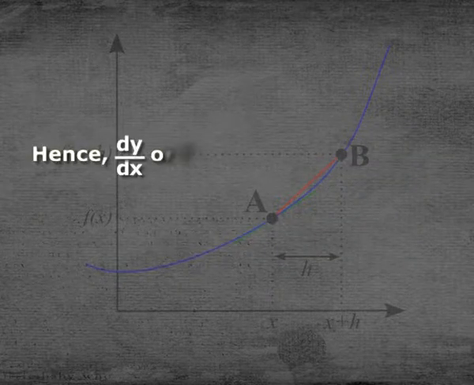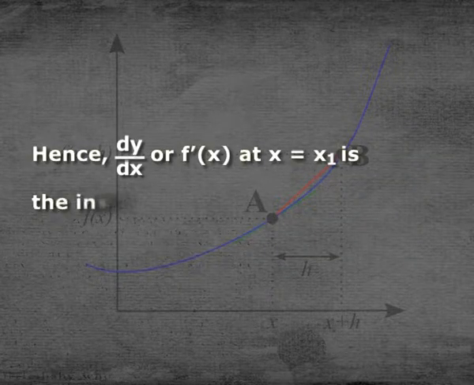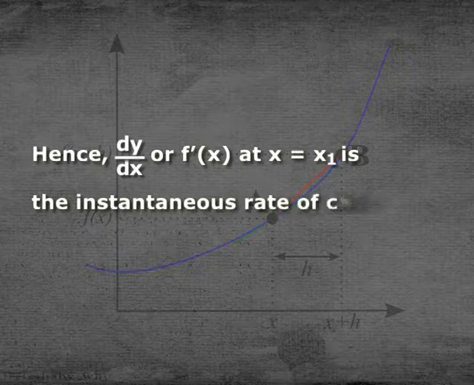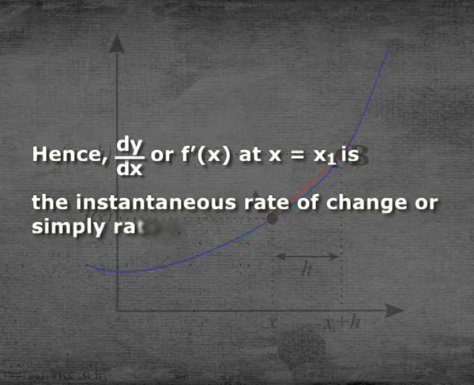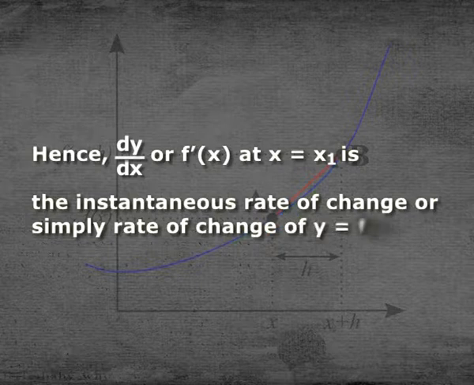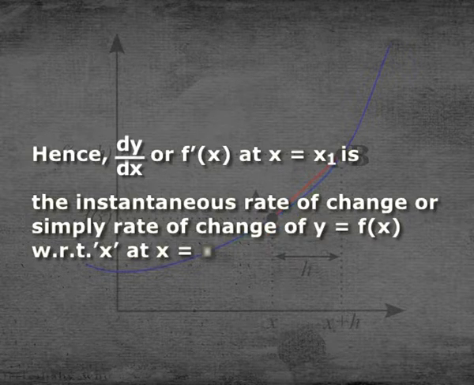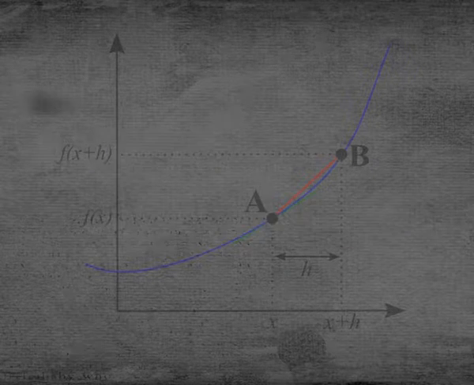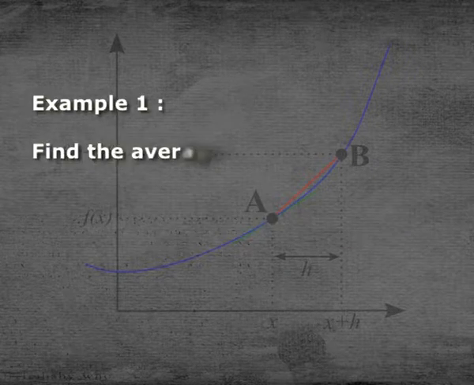Hence dy by dx or f dash x at x equals x1 is the instantaneous rate of change, or simply rate of change of y, that is equal to f of x with respect to x at x equals x1. Let's see the first example over here.